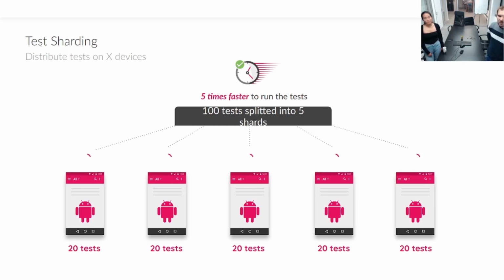You only need to provide a number of threads on the command line. Here, one thread is equal to one device. So we hope that you all now have a good overview of the tools and advantages of running your React Native tests with Detox.